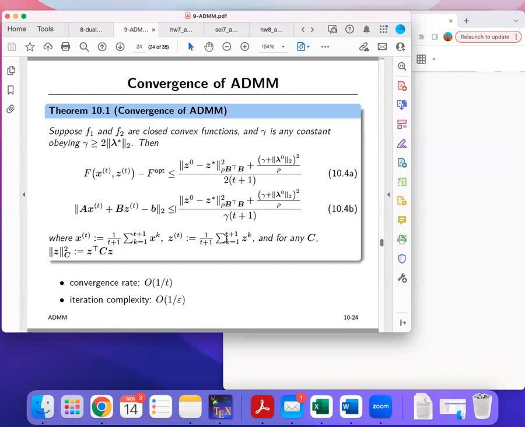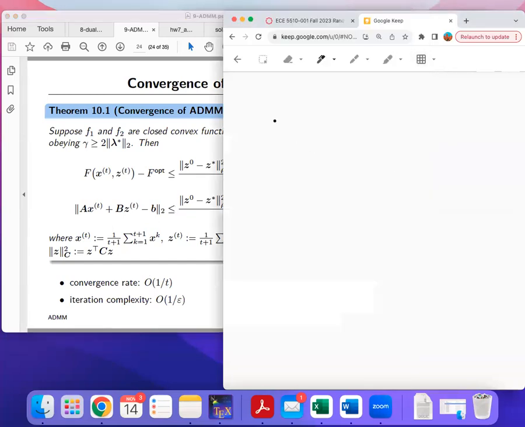Okay. So this norm is based on a certain positive semi-definite matrix, and it is defined as Z transpose C transpose C times Z.